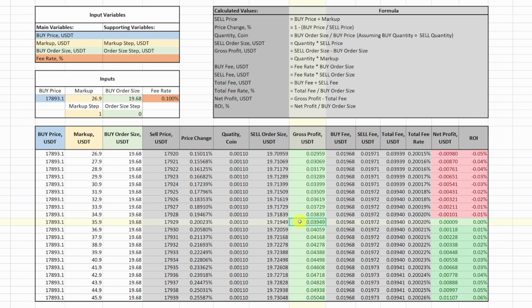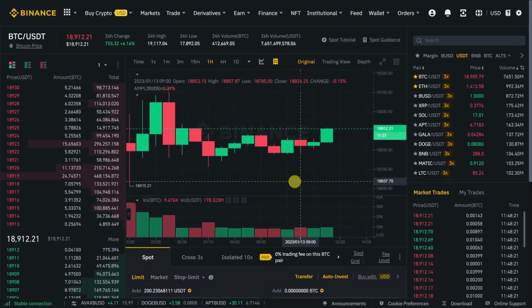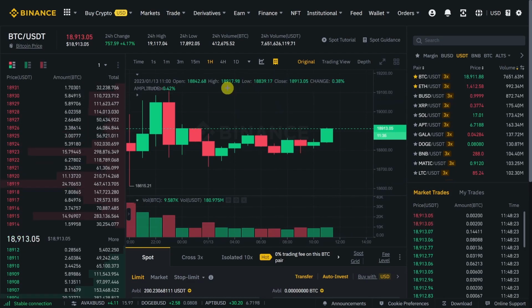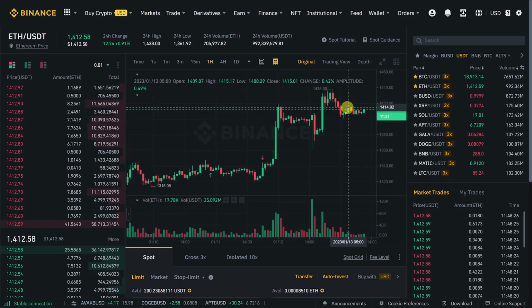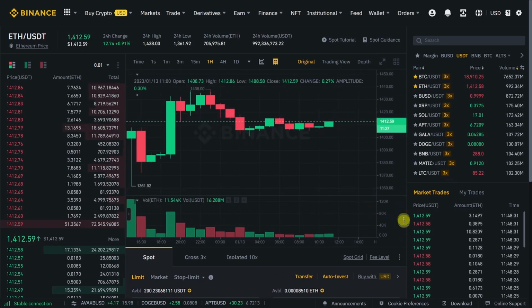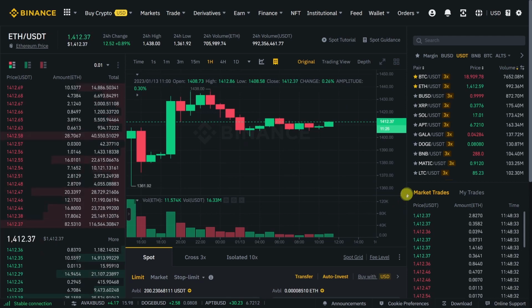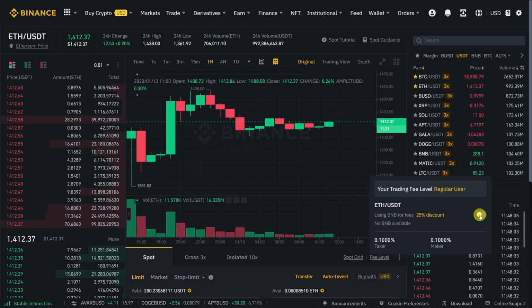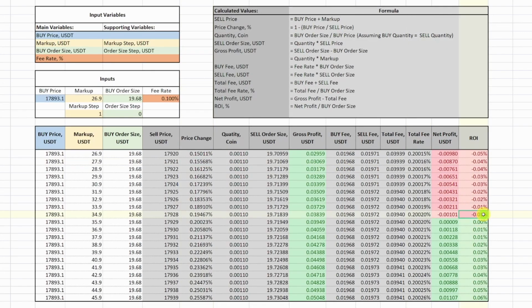But let's find more useful values to compare, since the absolute monetary values of fees and gross profits are quite far removed from what we see on the trading screen and are dependent on the specific pair we are trading. Let's move from absolute values to relative values, which are known and visible no matter the trading pair. These would be the total fee rate and the price change. These are clearly aligned with the break-even point in the spreadsheet.